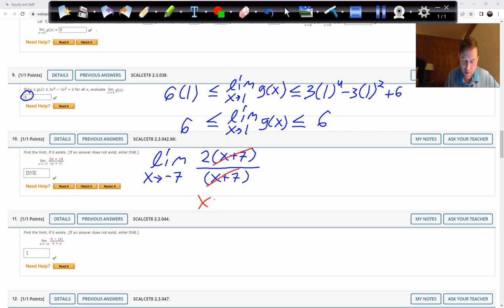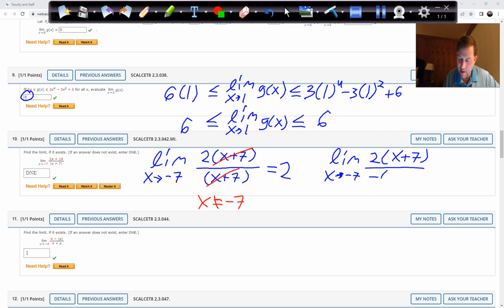I should record, don't let x equal -7. You don't need that for this problem, but it's a good habit to get into. And if these collapse, then you get 2. But then, because of the absolute value, you have to set up a second equation that says this. 2x plus 7 divided by -x plus 7.